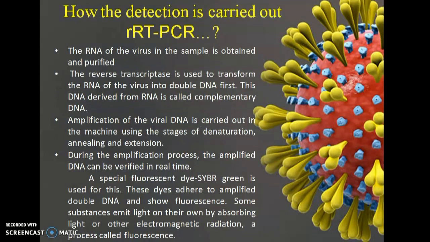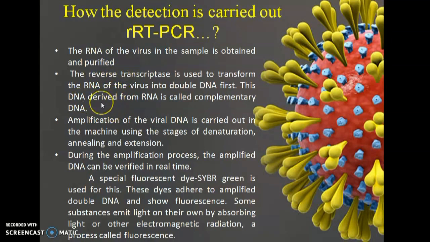Once the samples arrive in the laboratory, how is the detection carried out? The first step involved in the detection is the isolation of viral RNA and its purification. As we are going to detect the viral genetic material in the sample, we have to isolate it from the virus. Once it is isolated and purified, it is converted to a double-stranded DNA by using a special enzyme, reverse transcriptase.